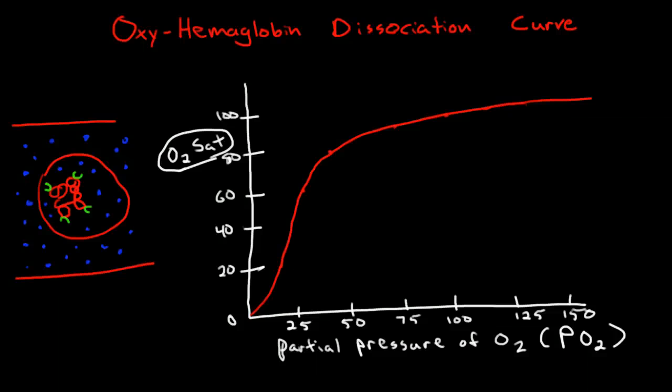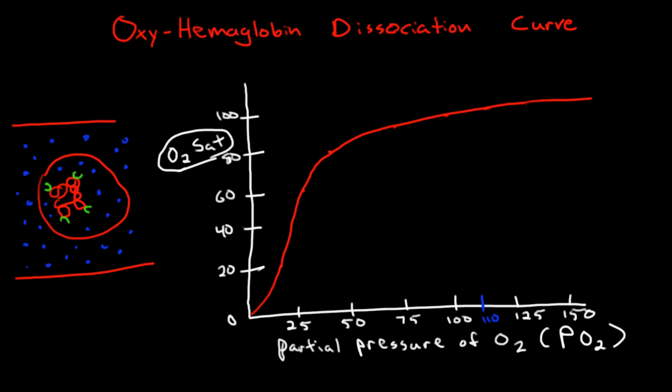Much of this oxygen, in fact the majority of it, is going to be carried on receptors, little protein receptors that are part of the hemoglobin protein. Now remember, in our previous video when we talked about the partial pressure of gases, we talked about the normal partial pressure of oxygen in our arterial bloodstream and our capillaries as being somewhere around 110.